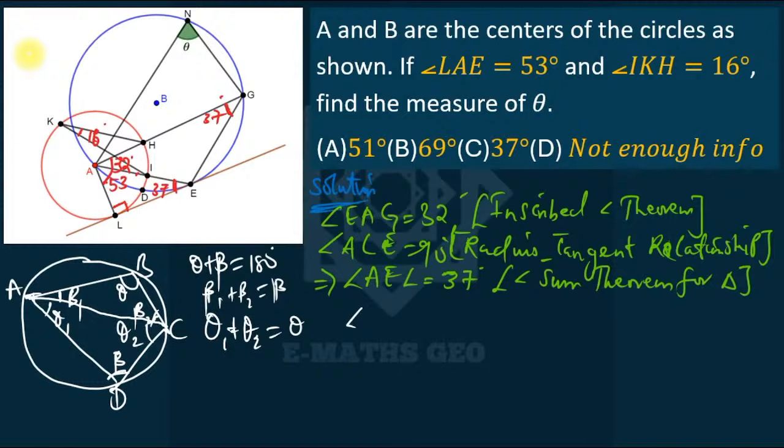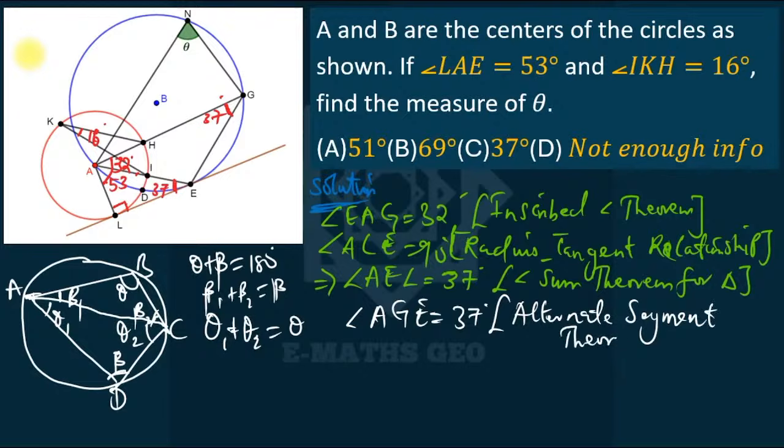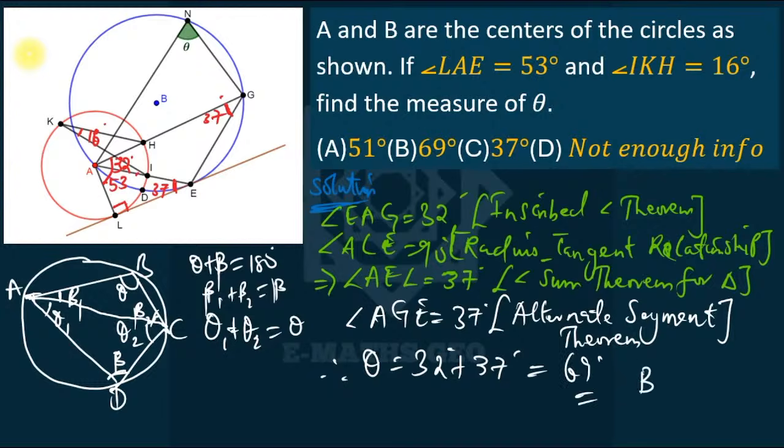Therefore, angle AGE will be 37. So from there, theta is now 32 plus 37 from what I just explained, which is 69, and that should be option B. So it's a tricky question, but still simple. Thank you.